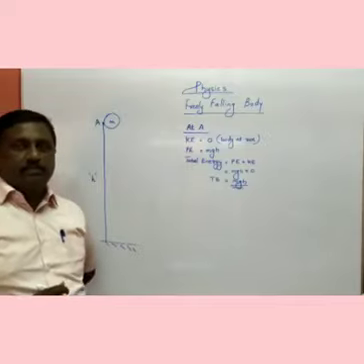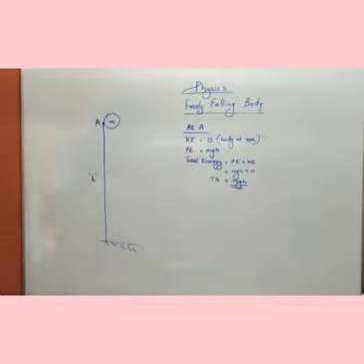Can you follow me? Just listen. A body of mass m is placed at a height h meter from the ground level. We are considering that point is A. At A, the kinetic energy of that body is 0 because the body is at rest.